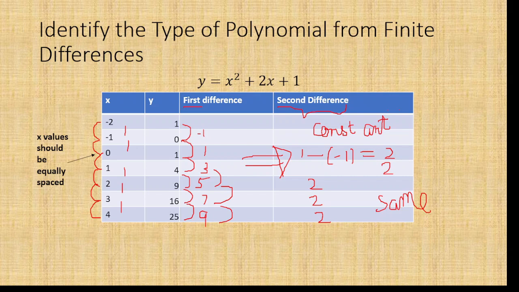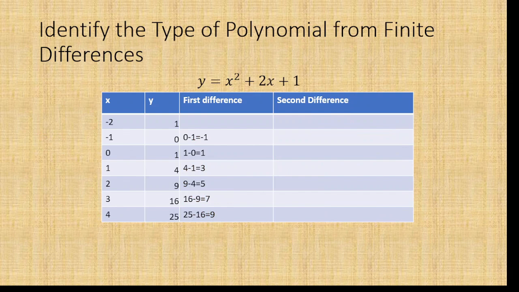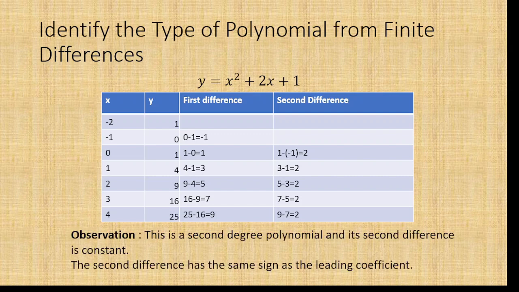Now let's see this in the form of slides. This is the first difference that we calculated. This is the second difference which we calculated, and it came out to be equal to 2, which is a constant value. This is the observation that we have here. We found that the second difference is constant.